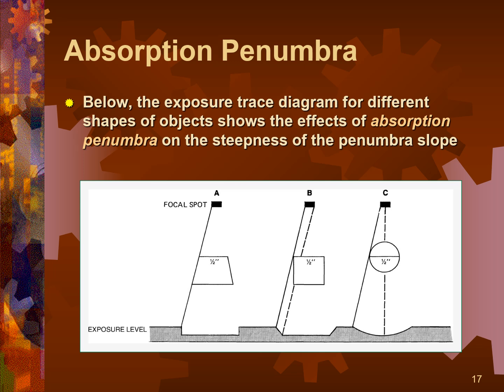Whereas the sphere goes through a gradual weakening of attenuation because it's constantly tapering to its edge. It is a gradual absorption penumbra and a low contrast change rather than a high contrast change.